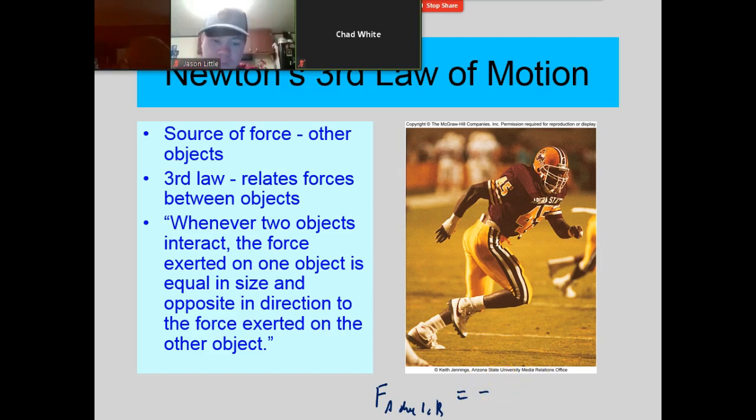They're talking about magnitudes here, so let's just talk about magnitude. The force on object A due to object B is equal in magnitude to the force on object B due to object A. Now, the next slide is going to relate to this big time, and I'm real tempted to wait and use the example there, but I think I will use it here as well.